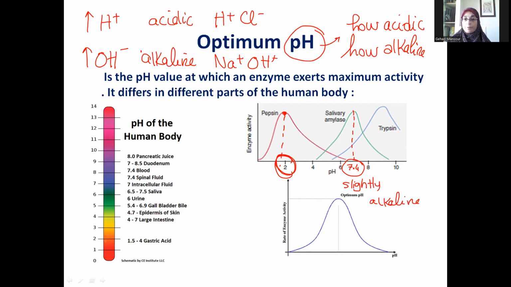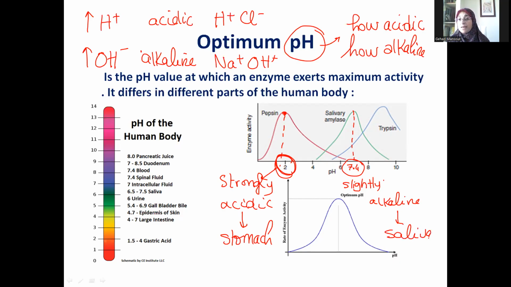And 2 is strongly acidic, and that's the enzyme that works in the stomach. So a strongly acidic pH is present in the stomach, and pepsin loves this acidic pH. A slightly alkaline pH is present in saliva, and salivary amylase loves this slightly alkaline pH.